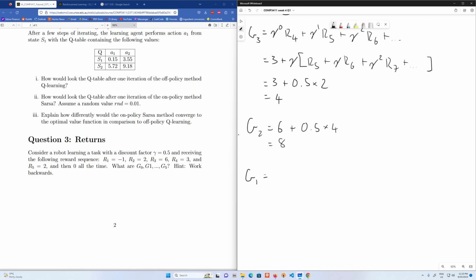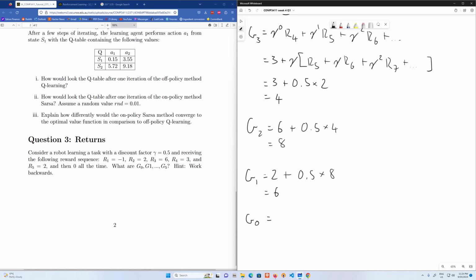G1 is going to be the reward we get at R2. So that's a value of 2. And we add the discount rate times the value that we got at G2, which was 8. That will be 6. And then finally we have G0.